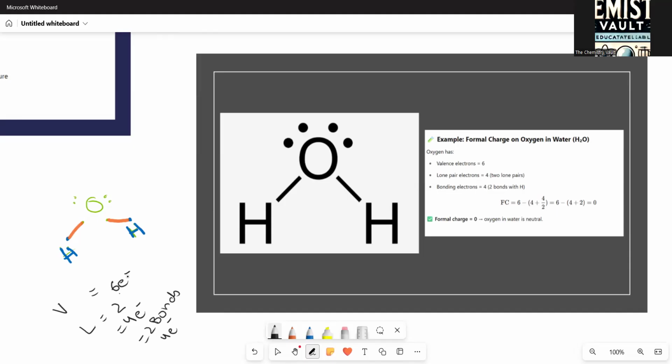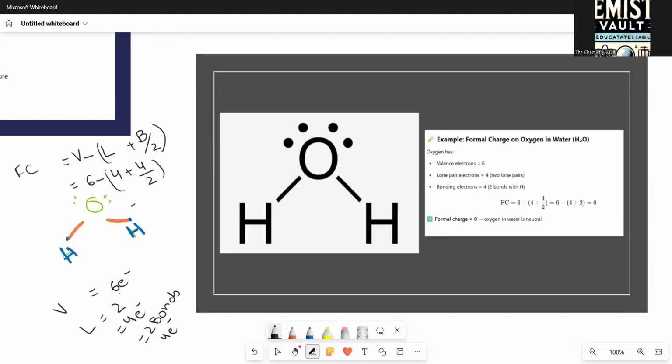But when we put them in the formula, how do we calculate formal charge? Valence electrons, subtract lone pair electrons, plus bonding electrons divided by 2. So valence electrons on the oxygen atom are 6, minus lone pair electrons, which are 4, plus bonding electrons, which are 4, total bonding electrons divided by 2.